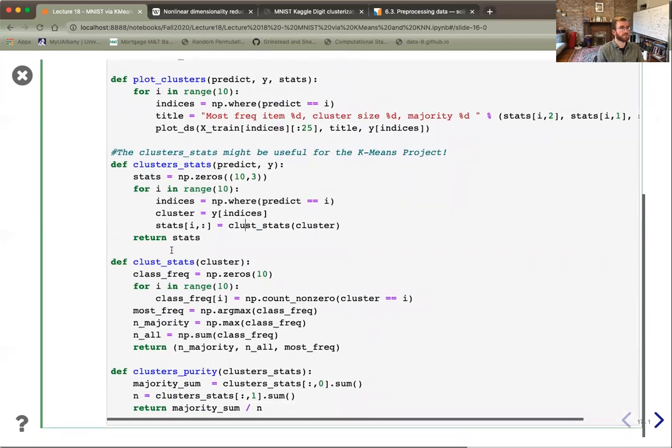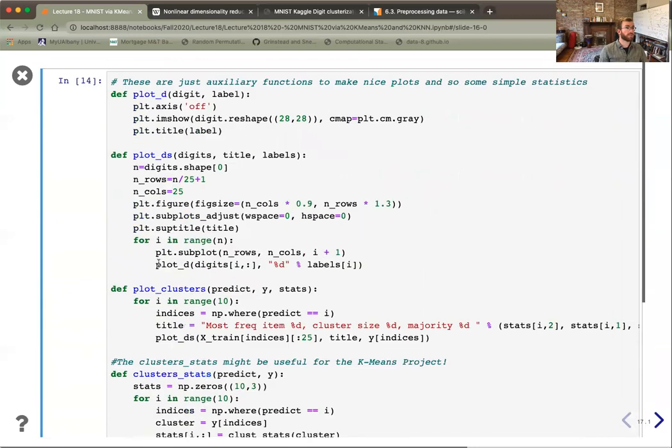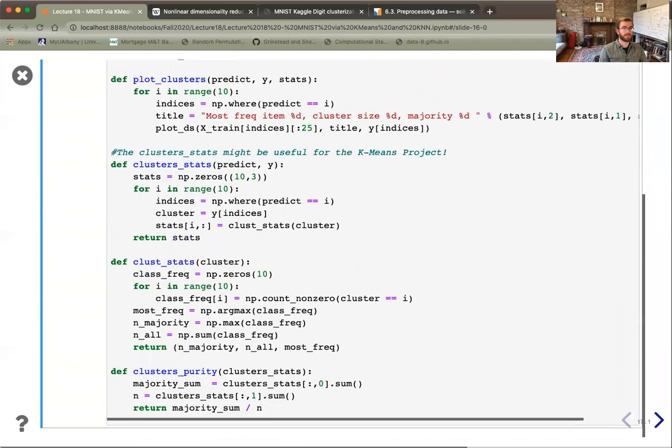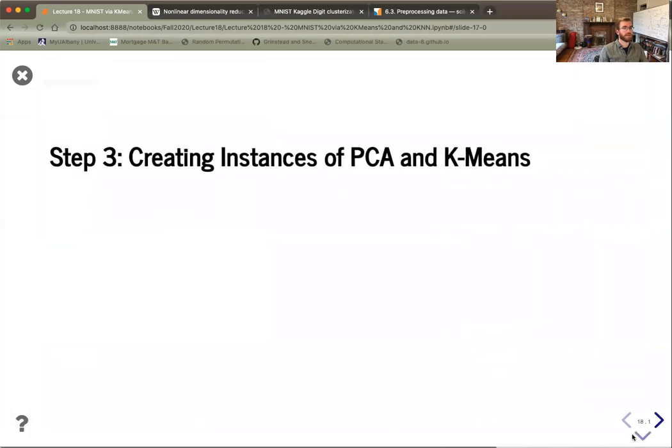And so I encourage you to think about this in a little more careful detail. I believe this is borrowed from our Guttag MIT book. Yes, so this has our notion of clustering in here. And so let's go ahead and write this up, and we'll go through understanding this in more detail later. But we brought these functions into memory. And so let's now go ahead and apply PCA and K-means.